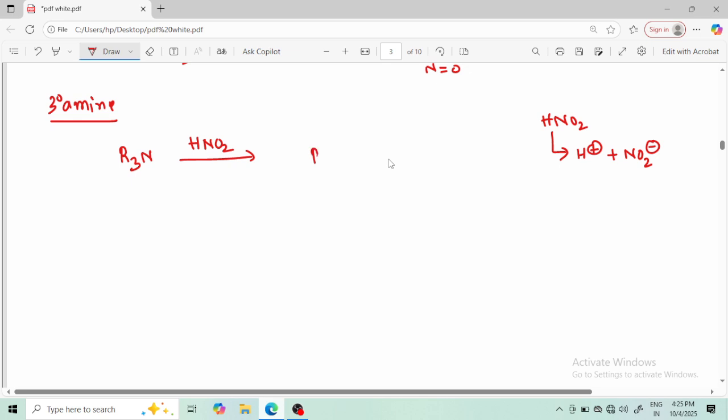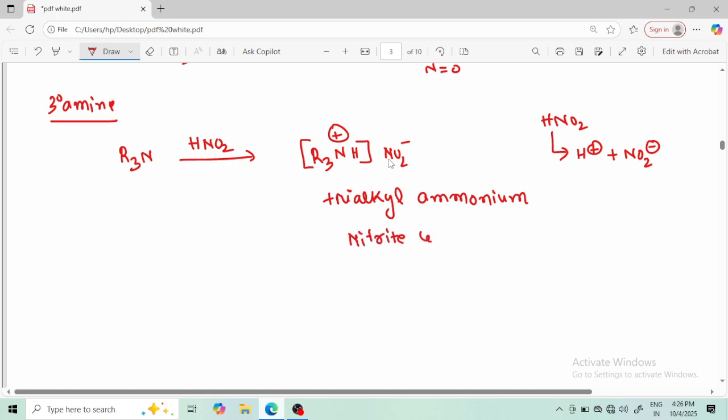So R3N will make a bond with this hydrogen plus, and then NO2 minus. Now this one is called trialkyl ammonium nitrite compound. You have to memorize this.